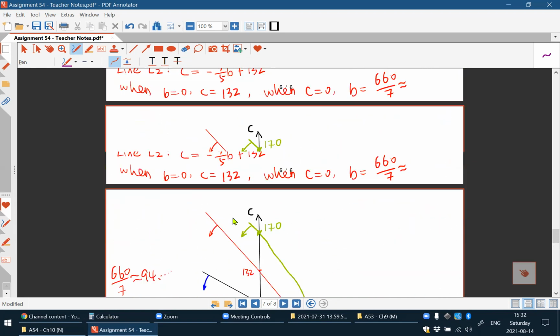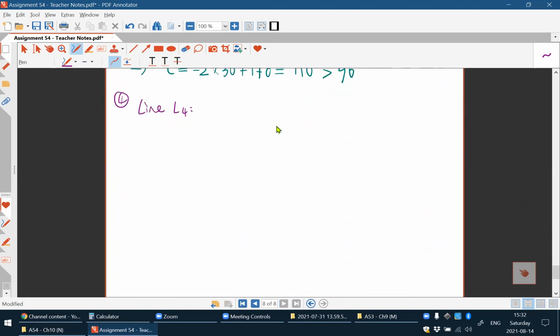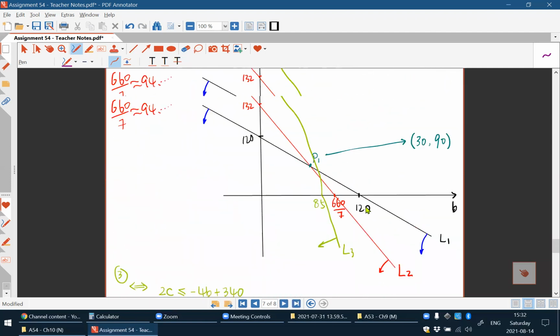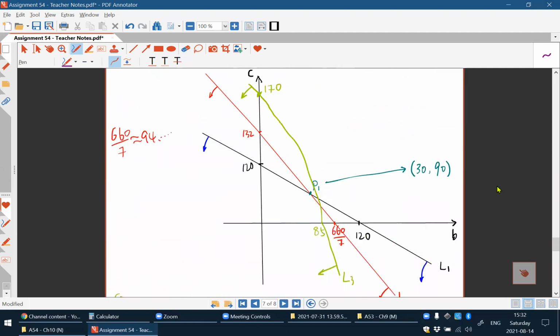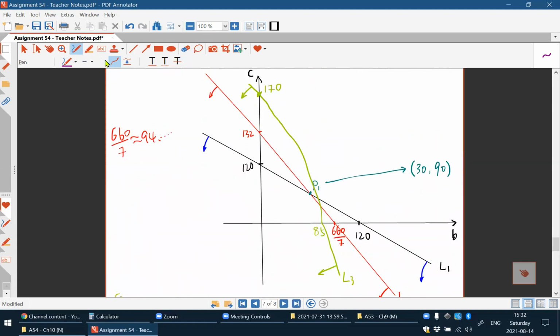Fourth inequality says B should be larger than or equal to 0. So the boundary line is simply B equals 0. And for the fifth line, line L5 is simply C equals 0, right? So according to the fourth constraint, B equals 0 is simply the vertical axis.